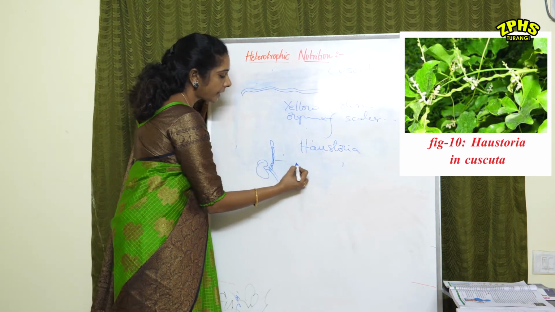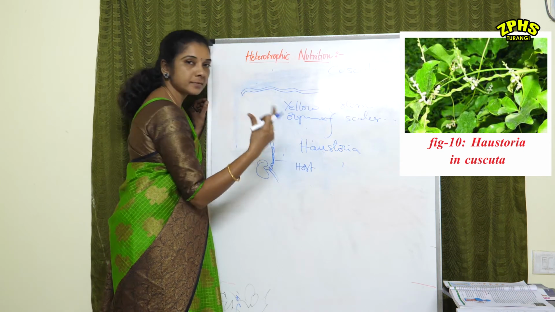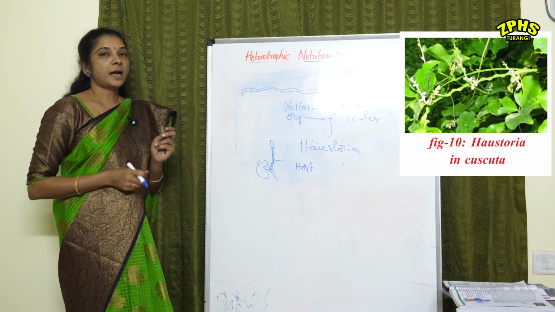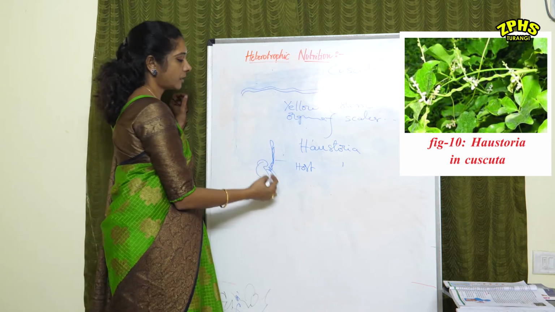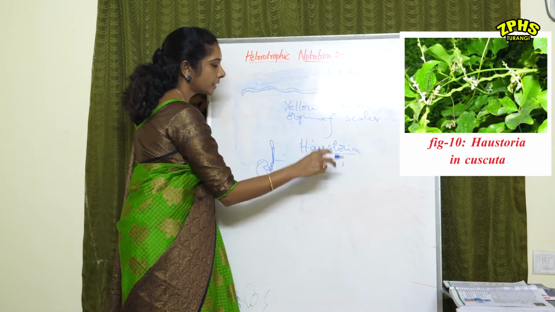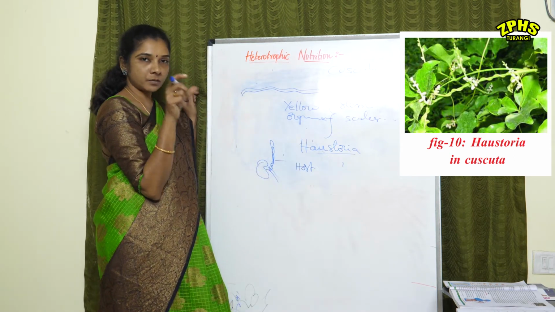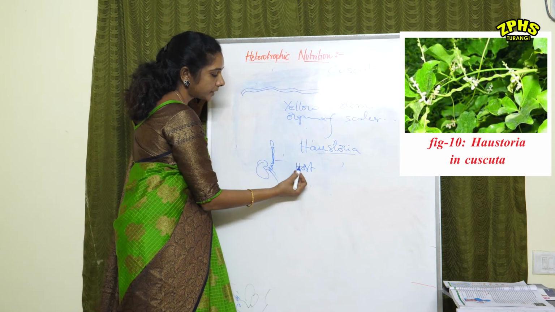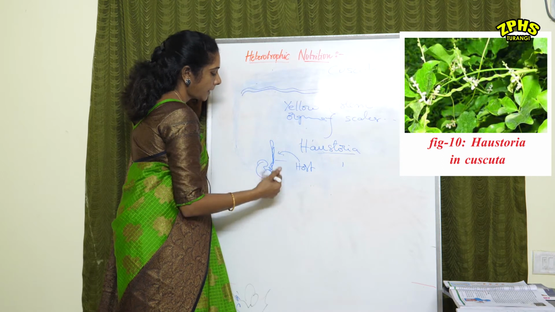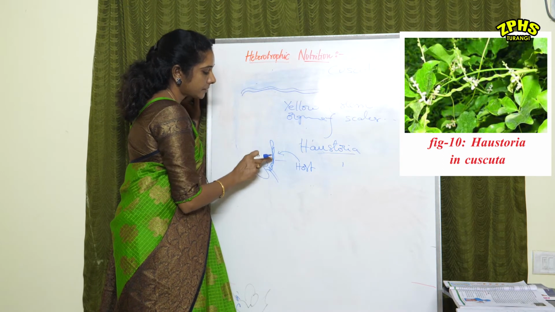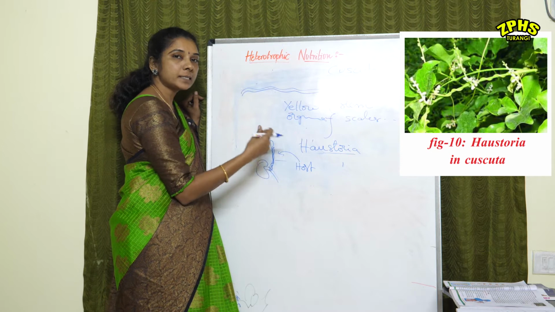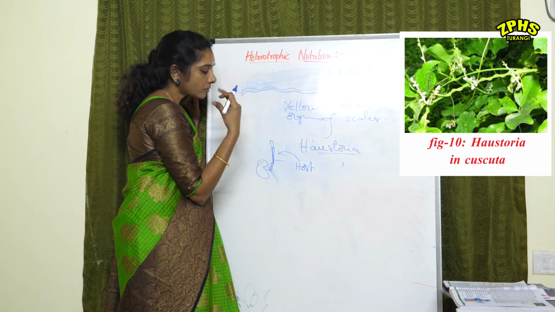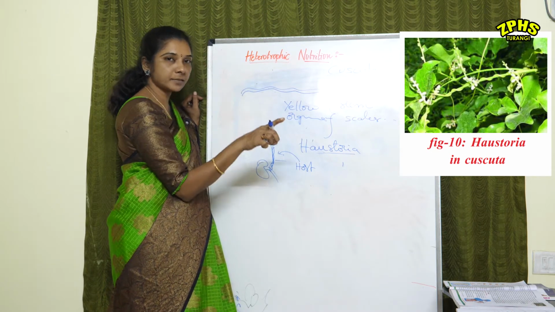When it finds the host, it coils around the stem and then sends out haustoria. Haustoria are root-like structures which help fix to the host. With the help of haustoria, they take food from the host.